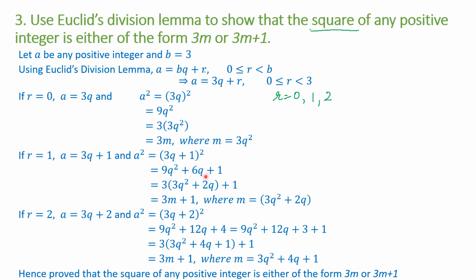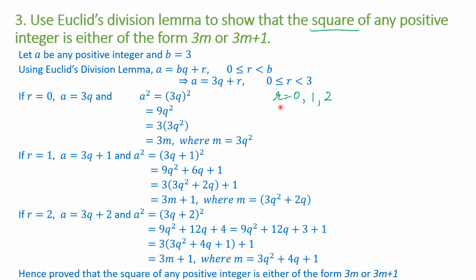From here I am writing it in such a way that it comes out with remainder 1. So 1 I leave separately. From the first two terms, I take out 3 common, and therefore I get 3 into 3q square plus 2q plus 1, where my m is equal to 3q square plus 2q.